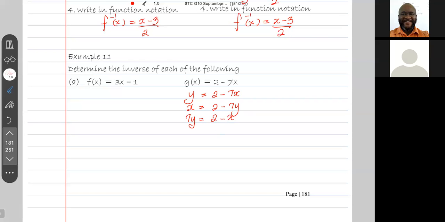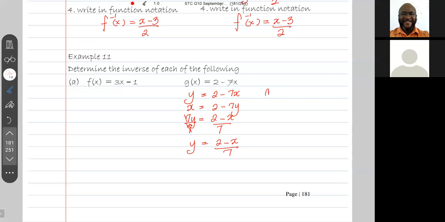Positive x on the left goes over to the right and becomes negative. Then I'm going to divide both sides by 7. And when I do, I'm going to end up with y is equal to 2 minus x over 7.